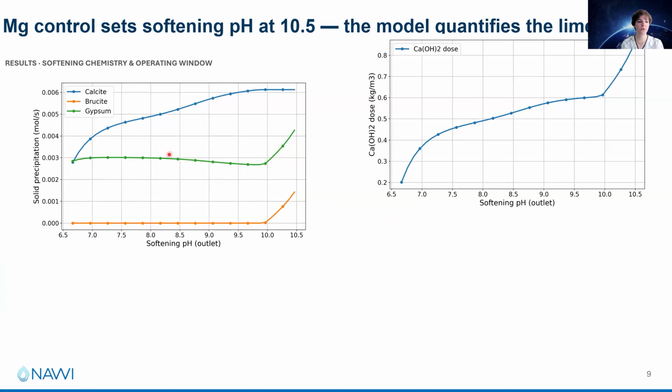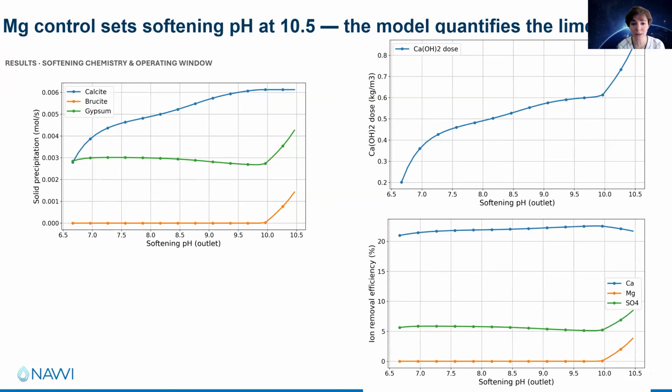to gypsum. You will see a constant trend for gypsum here, and that's on purpose. That was based on industry feedback that gypsum will be maintained at a certain supersaturation level in the softening reactor. But why does it start to form more gypsum as soon as we start to have more brucite?